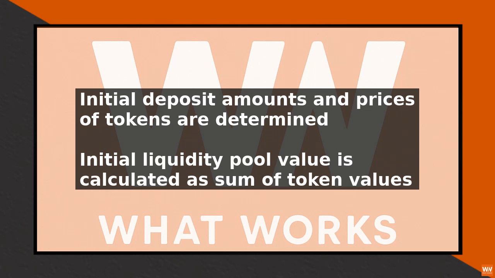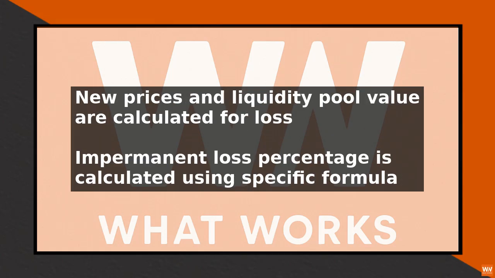We can calculate the impermanent loss percentage. For example, the impermanent loss percentage would be 1 minus the square root of 1.1 times 0.9 divided by 1 times 1, which equals approximately 0.045 or 4.5%.